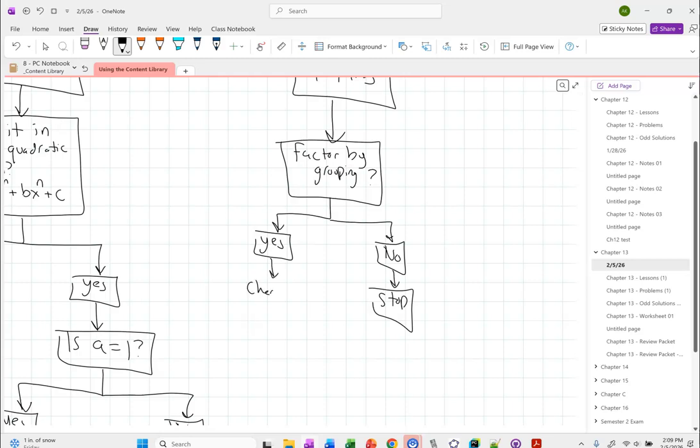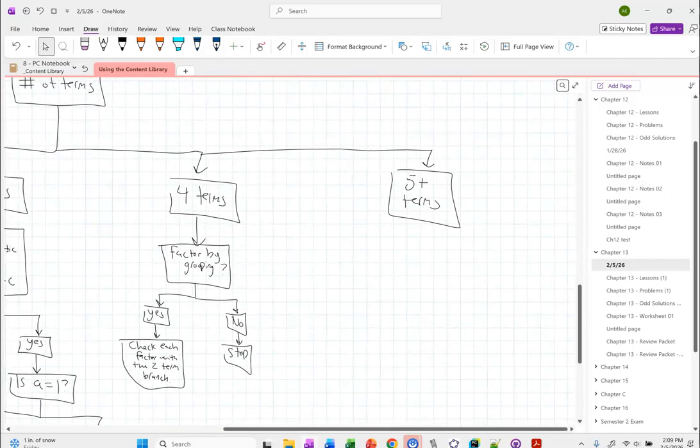If it's yes, then I have to check each factor down the two-term branch. That completes the four-term branch. So either you can group it or you can't.